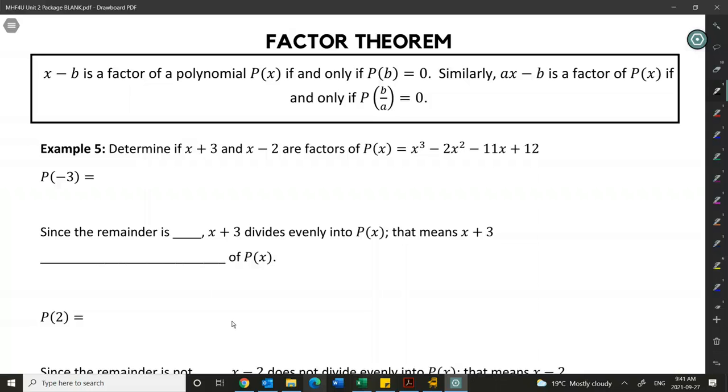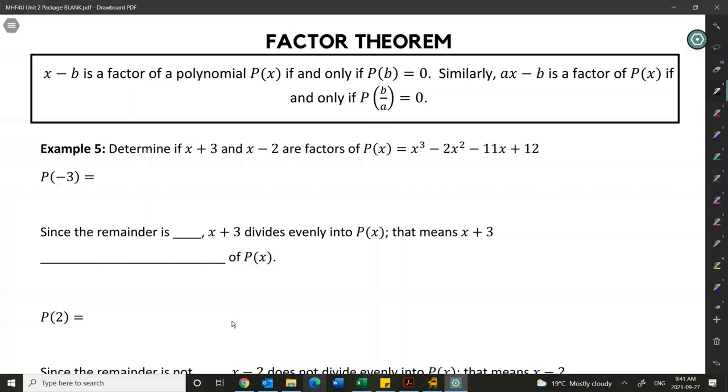All right, guys, so this is our second theorem. First, we have remainder theorem, and we know that we can use remainder theorem to find the remainder when a polynomial is divided by a linear divisor, like x minus b or ax minus b.